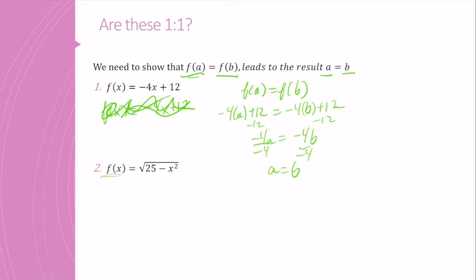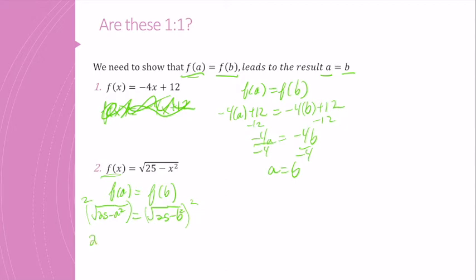All right. f of x equals the square root of 25 minus x squared. So I'm going to have f of a equal to f of b. That means the square root of 25 minus a squared equals the square root of 25 minus b squared. I need to square both sides because squares undo square roots.